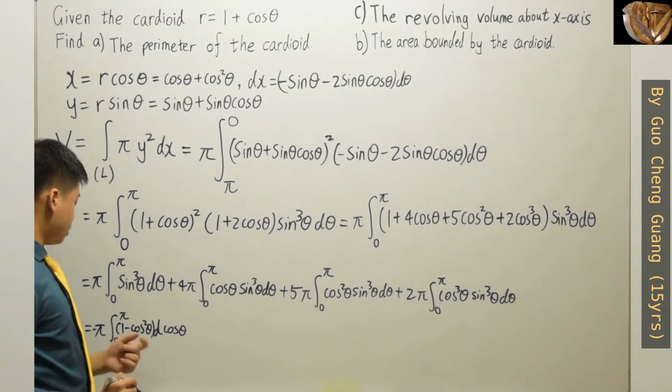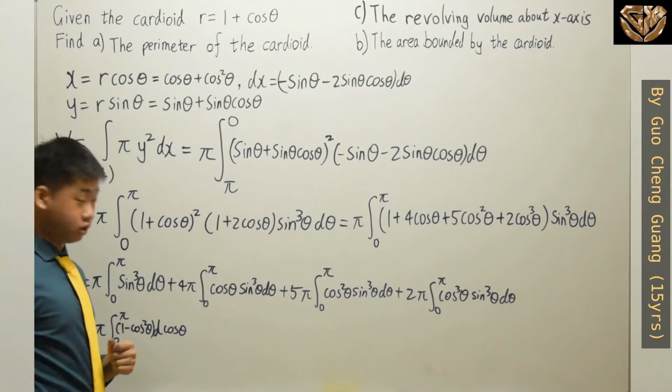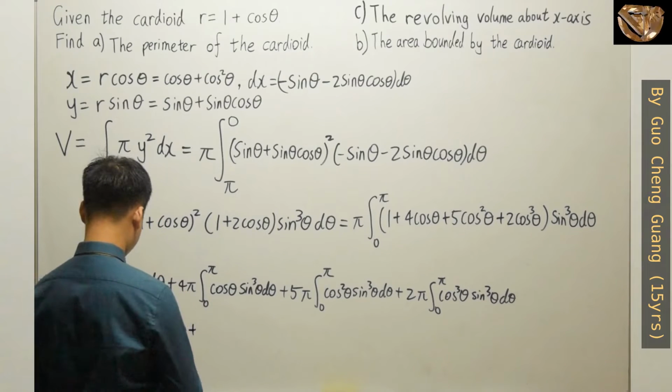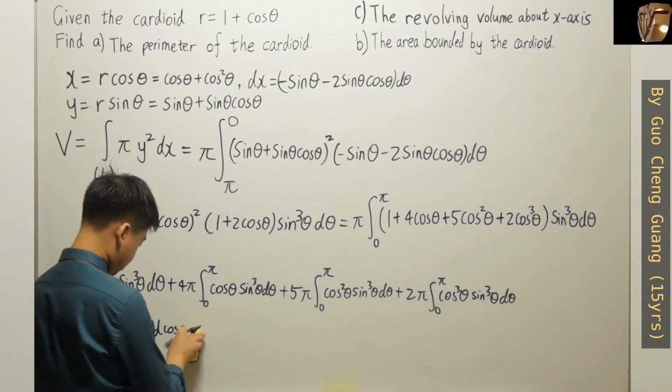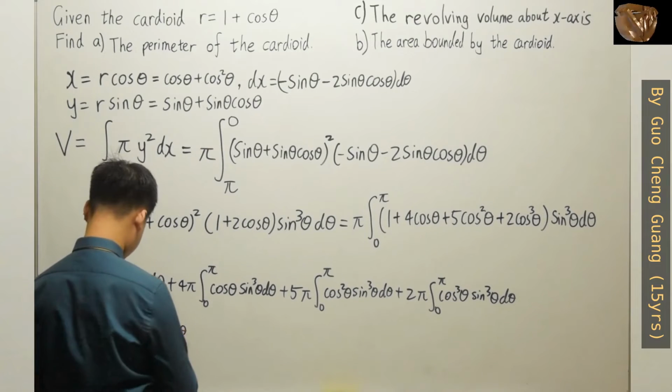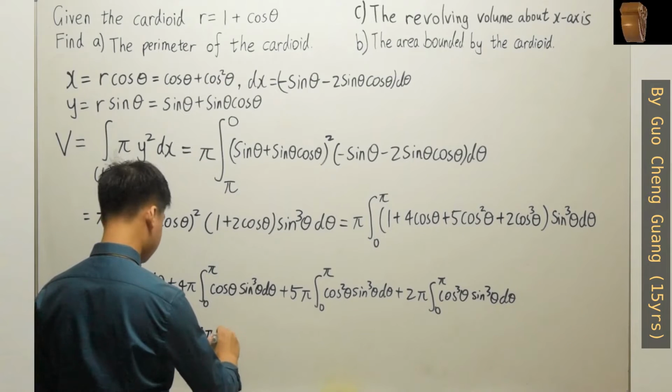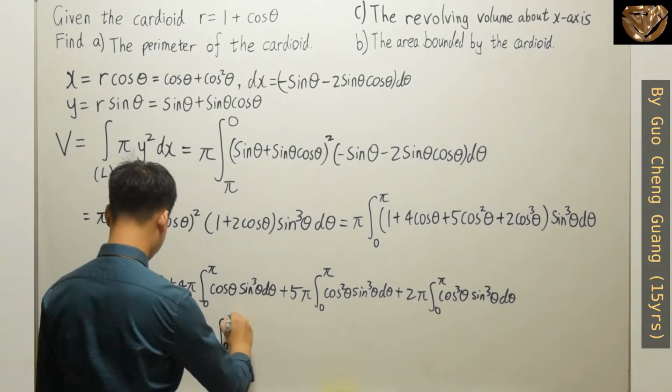Alright, so this is what the first term will look like. Now for the second term, again a negative, for 4 pi, integrate from 0 to pi.